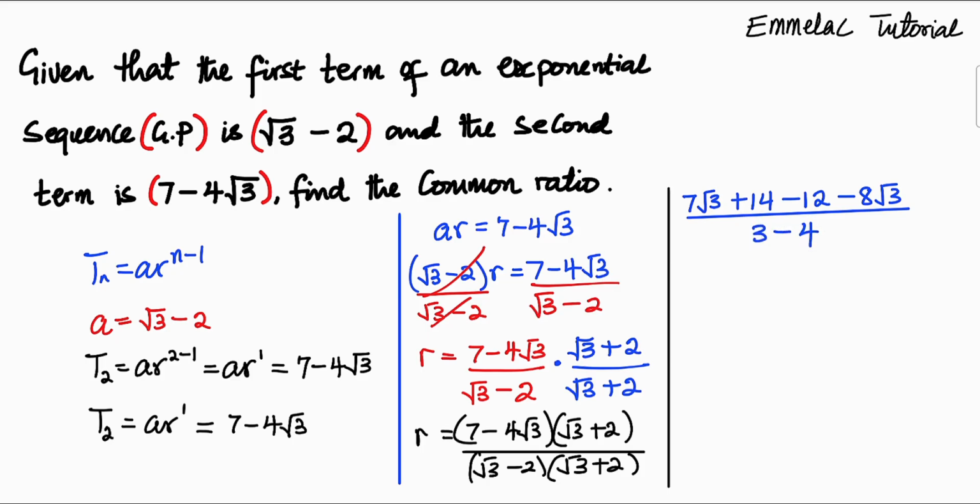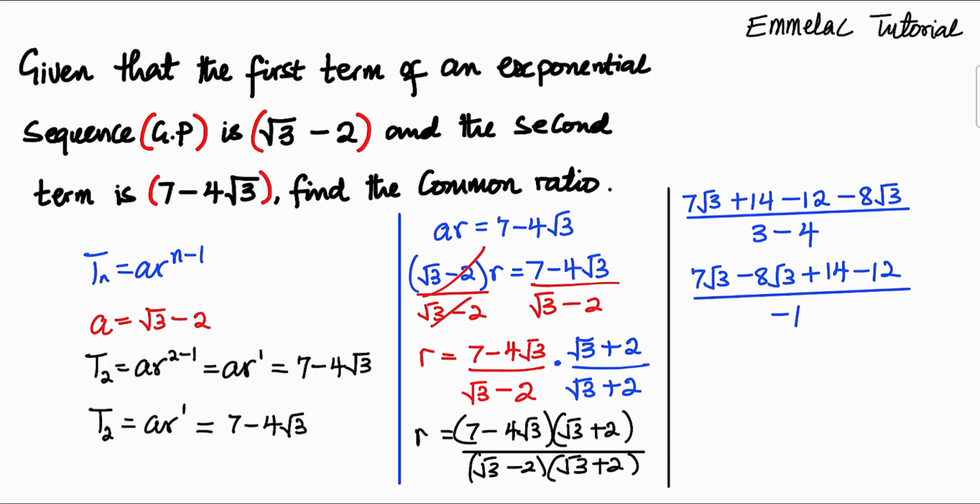This is in a case whereby we expand the bracket. So for the numerator, let us just collect like terms. Here we have 7 root 3 minus 8 root 3 plus 14 minus 12, all over negative 1, and that's because 3 minus 4 gives us negative 1.